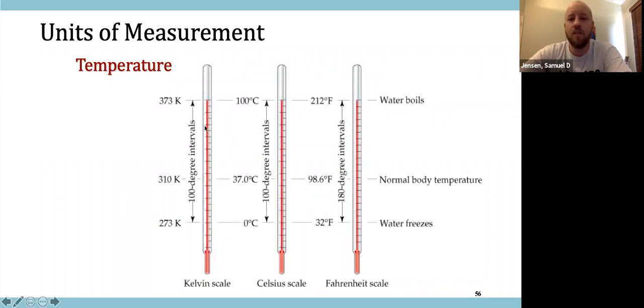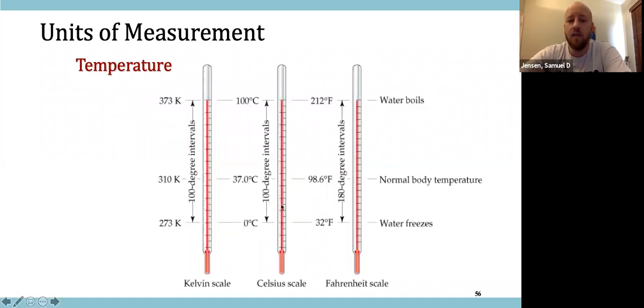The Kelvin scale is an absolute scale, which means that there is no zero. There is a 0 Kelvin technically, but it's a theoretical value. We can't get to it. So in any of our chemistry, we will generally work from the Kelvin scale. The conversion between Celsius and Kelvin is just adding 273 or subtracting 273, so it makes it pretty easy.